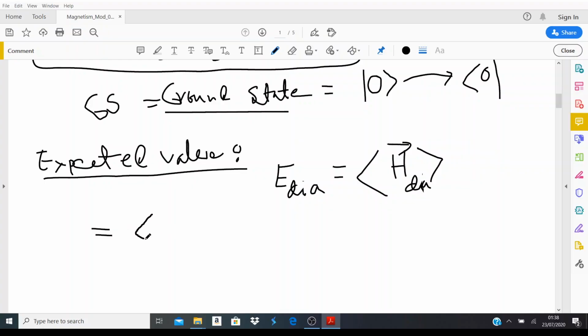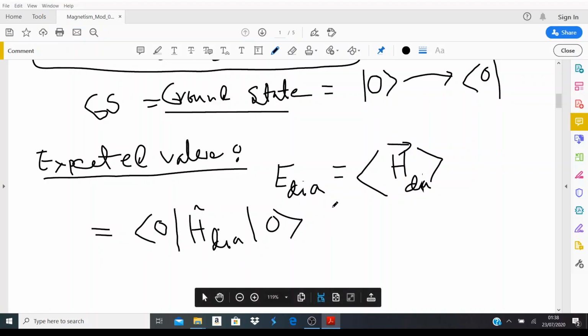On the left you need the bra, in the middle you put the operator, and on the right you put the ket vector. That's how you perform the expectation value of the diamagnetic Hamiltonian. Once you calculate this value, you will get the energy of the system, okay? And we will calculate it soon enough.